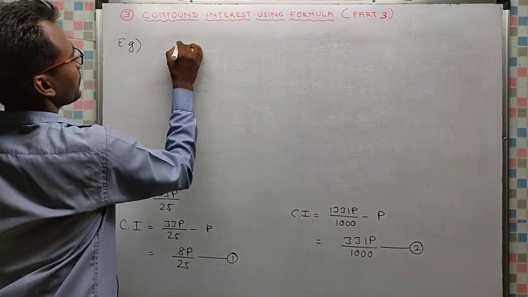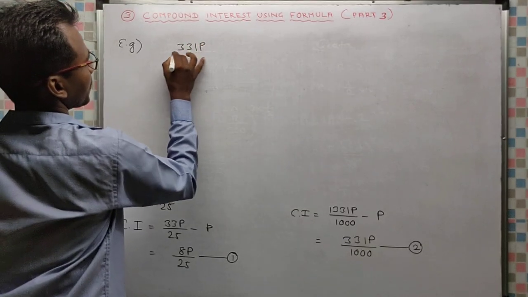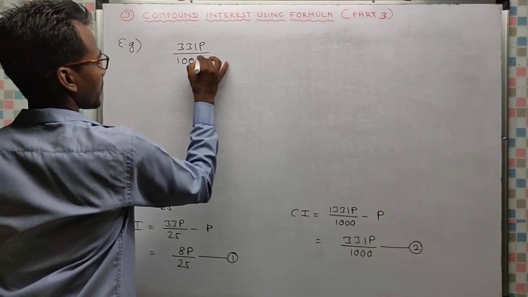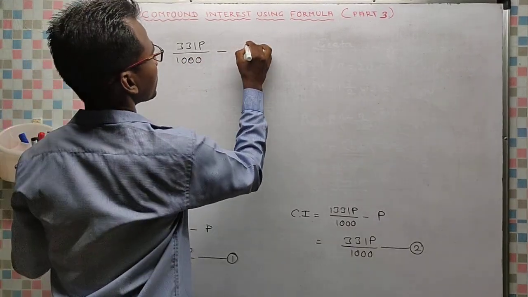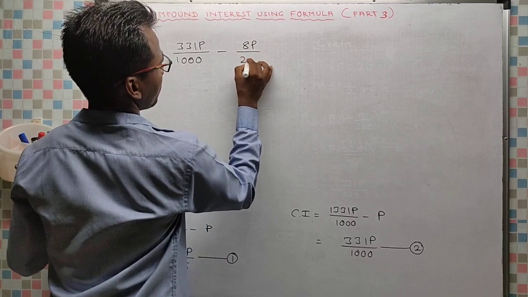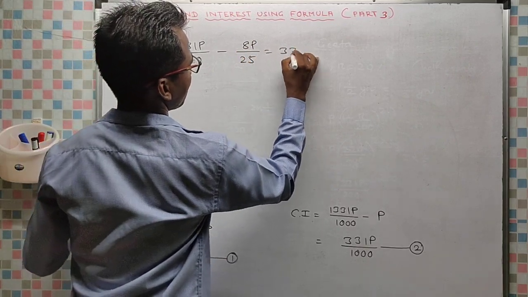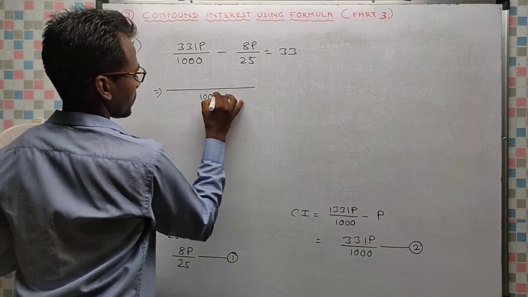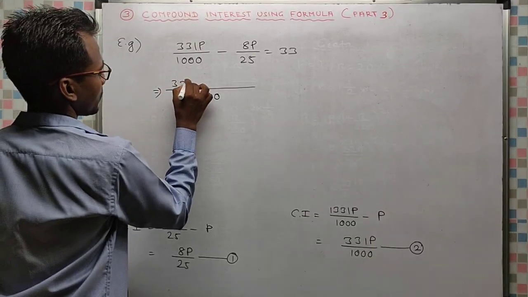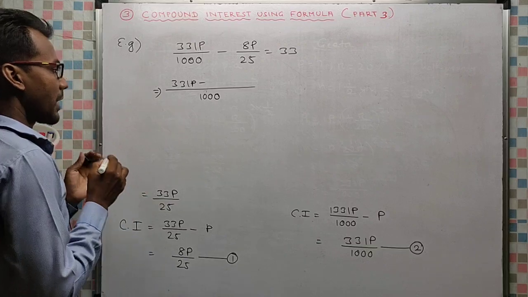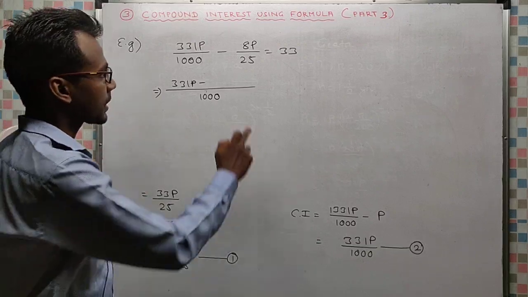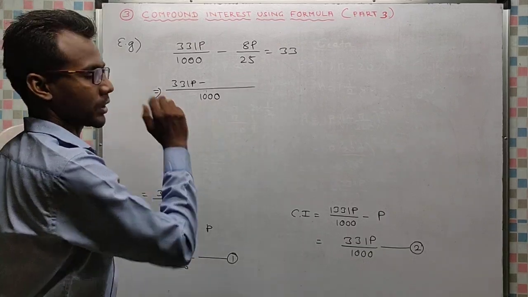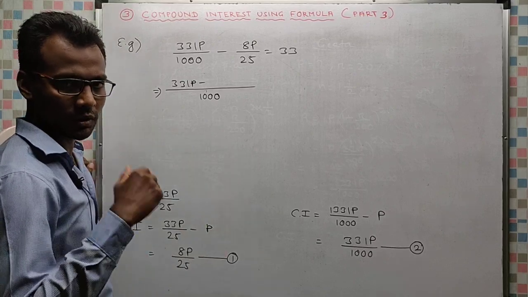So let us use that value. 331P by 1000 minus 8P by 25 is 33. On taking LCM, we will get 1000. 331P minus, 25 into 40 is 1000, because 25 into 4 is 100.